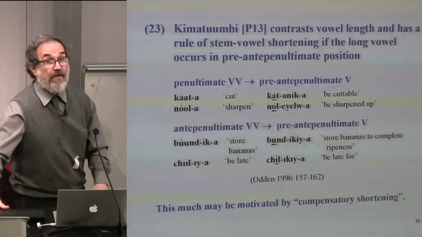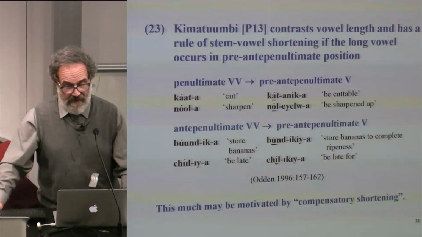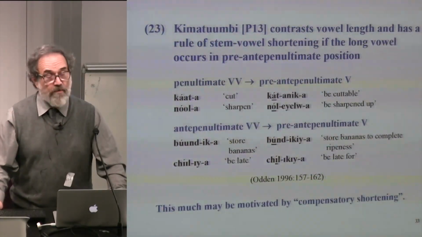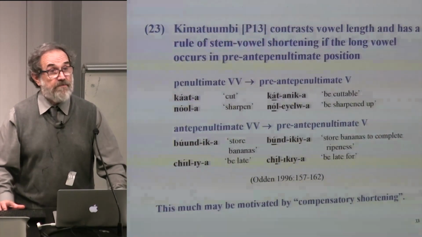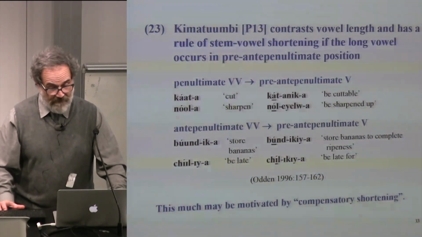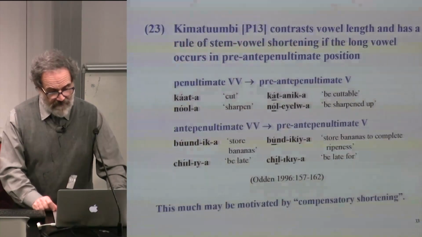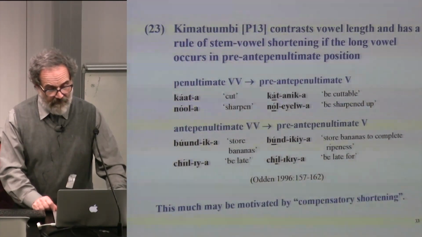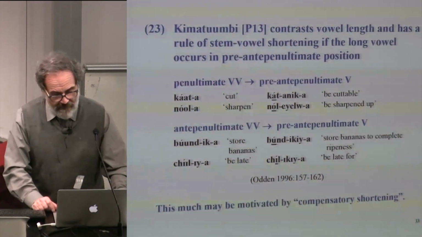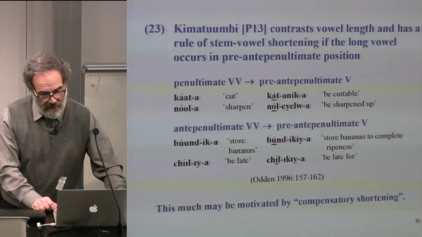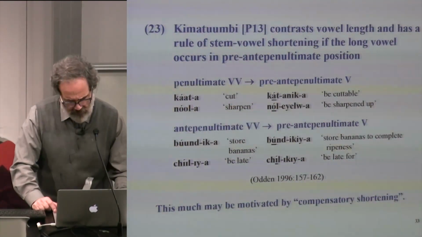Kimatumbi contrasts vowel length. And it has a rule of stem vowel shortening if the long vowel occurs in pre-anti-penultimate position. So that's like the Lunda I showed you. So here is the first set of data to show you the penultimate vowel of the root, kahata, becoming short when it becomes pre-anti-penultimate, katanika. And noola becoming short in nolyelelwa.